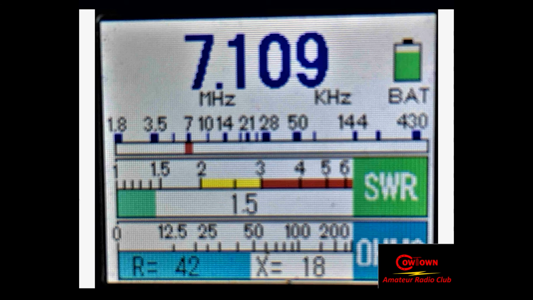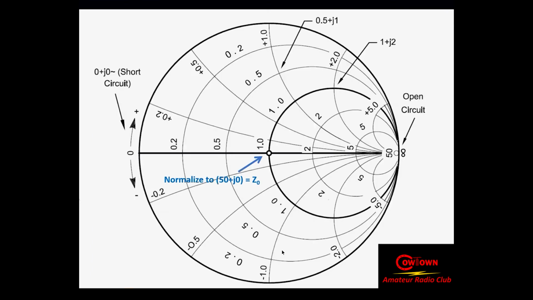You've got to do this very slowly and very carefully, because if you're near resonance, that sign can change at the blink of an eye. So you have to watch it very carefully. But this one I was able to confirm that it's going up. So since it's going up, this particular one is R of 42 plus J18. So you can always get that.